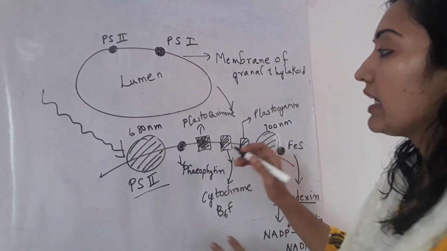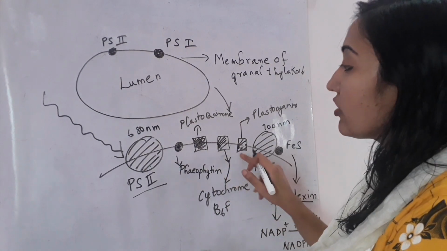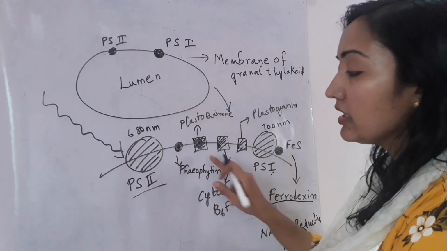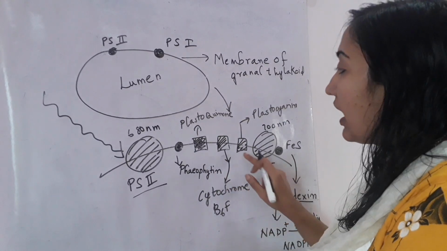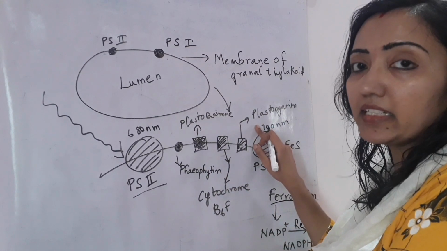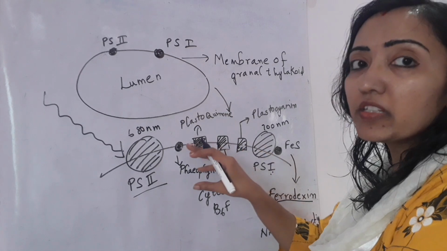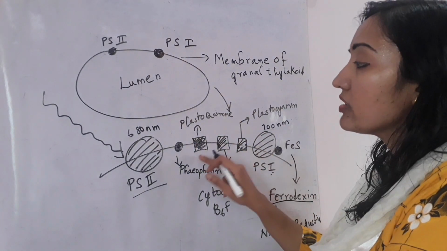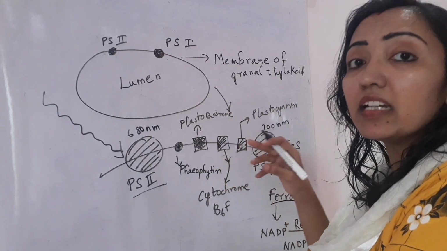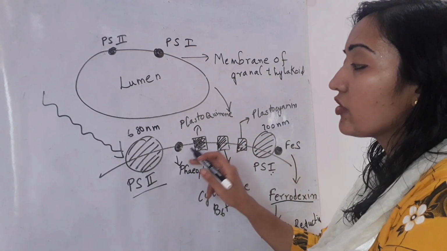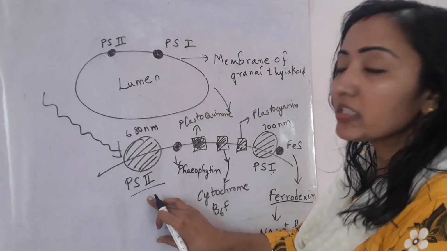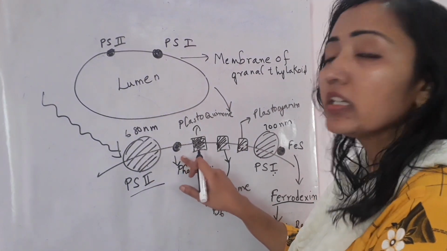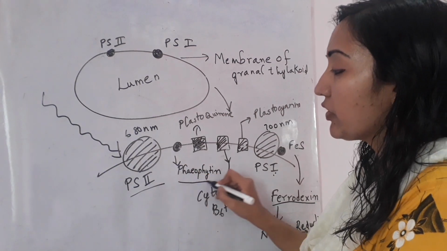So we have seen the electron transport chain. The electron transport chain consists of 3 electron carriers: plastoquinone, cytochrome B6F, and then plastocyanin. The electron always travels downhill in the electron transport chain because energy decreases. When the photosystem gets excited, it gives the electron to the primary electron acceptor, which is pheophytin.